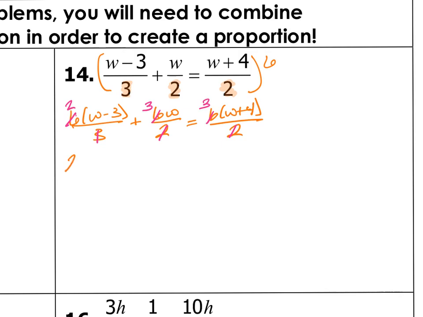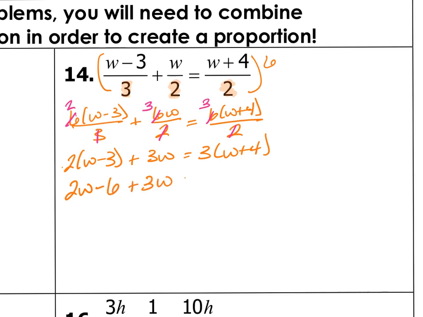So I end up with 2 times w minus 3 plus 3w equals 3 times w plus 4. Distribute out, combine my like terms. 2 times w is 2w. 2 times negative 3 is negative 6. Plus 3w equals 3w plus 12. So then I get 5w minus 6 equals 3w plus 12.